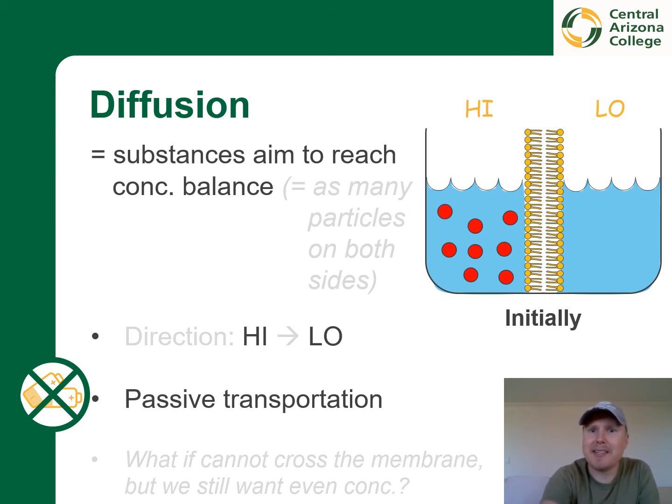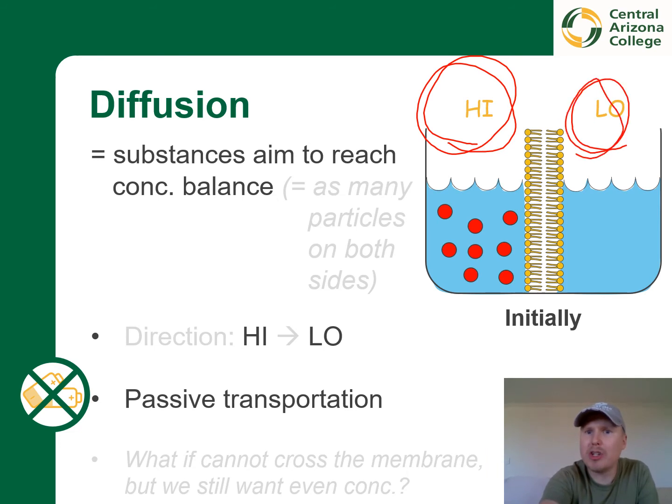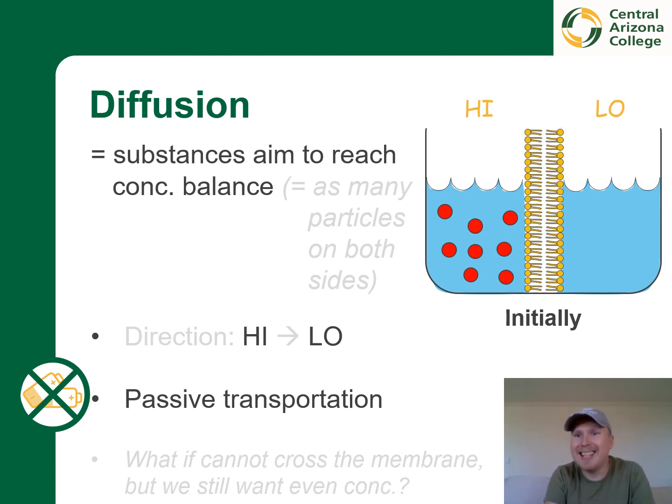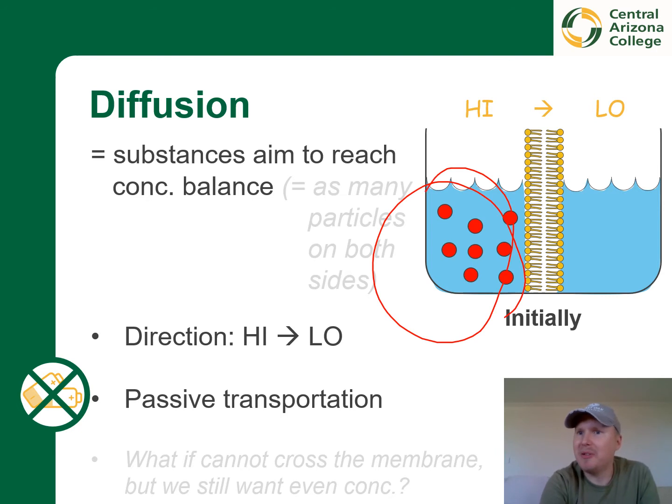So this gives us a high concentration on one side and a low concentration on the other side. And what we eventually want is to have the concentrations even on both sides. This is accomplished in diffusion by the plasma membrane becoming permeable for this material, and the materials moving from an area of high concentration to the areas of low concentration.